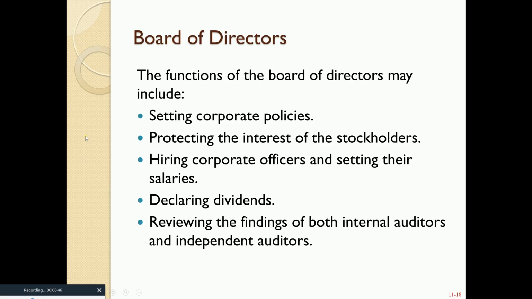Once again, the board of directors, they do not run the day-to-day operations. They set general corporate policies, general corporate direction. They hire the corporate officers that actually run the day-to-day business. They can declare dividends for the shareholders.